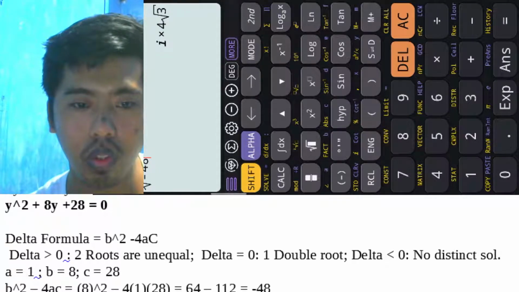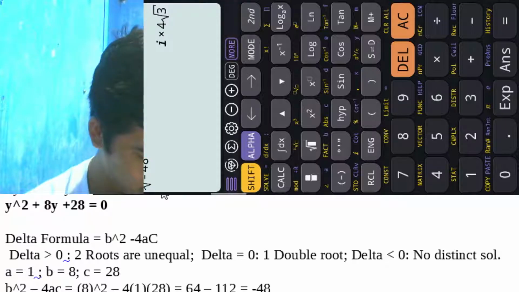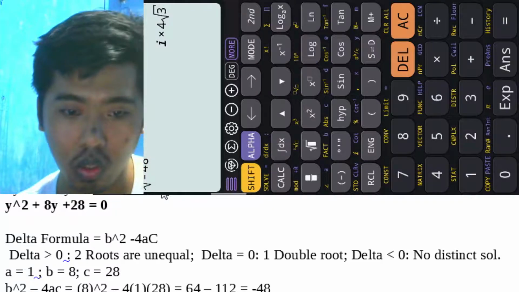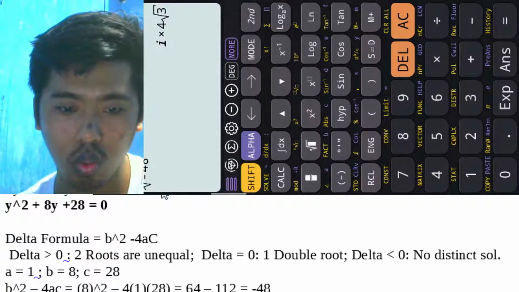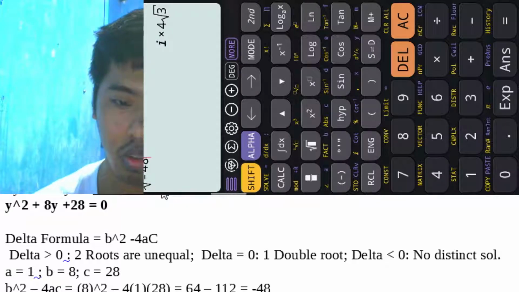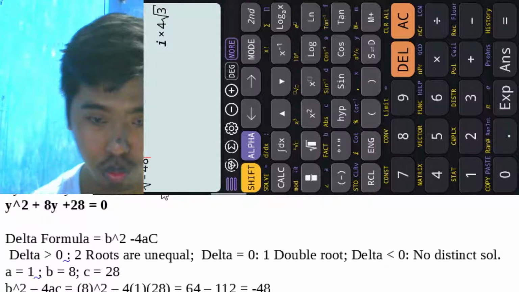Okay, imaginary in square root, so this is 4 square root of 3i. Okay, dayon ubos over 2.